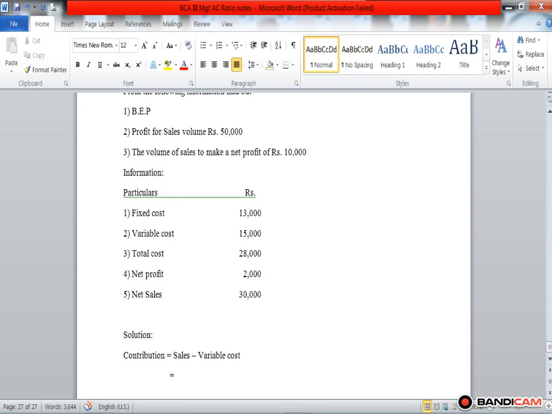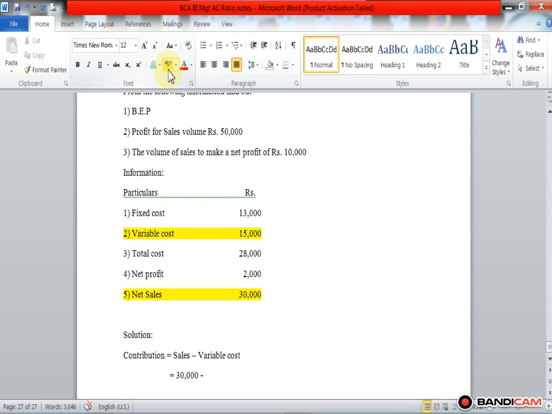Okay, so sales is 30,000, as given in the problem. Sales is 30,000 minus variable cost. The variable cost is also given: rupees 15,000.